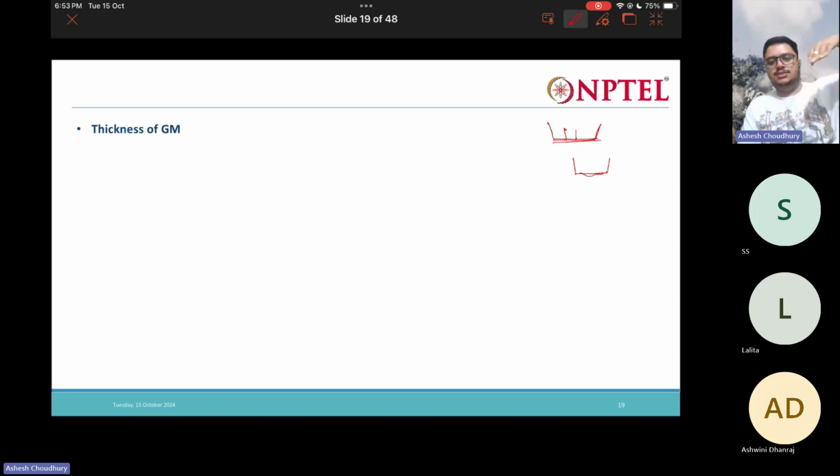When it gets distorted like this, tension develops in the geomembrane. Say you have a straight sheet like this. Now due to the load, it is getting distorted like this.